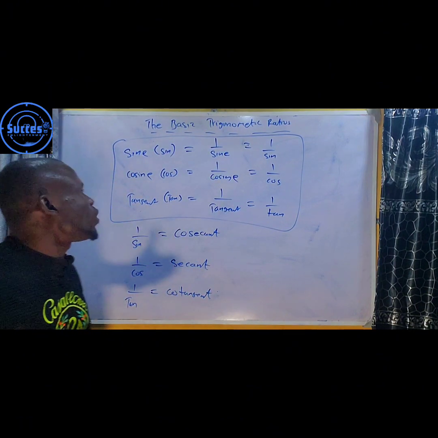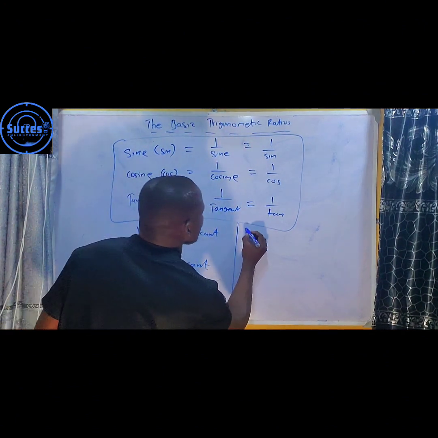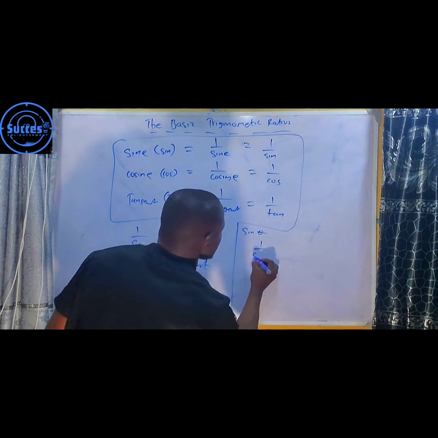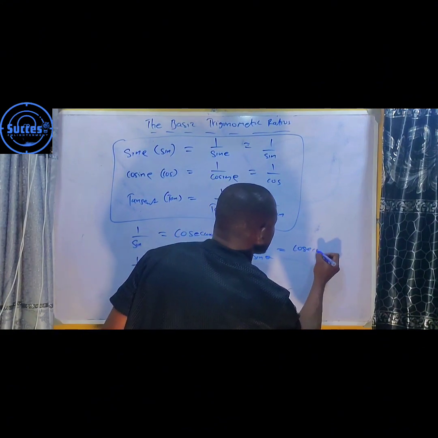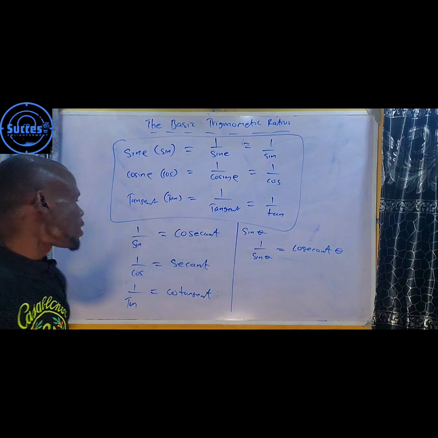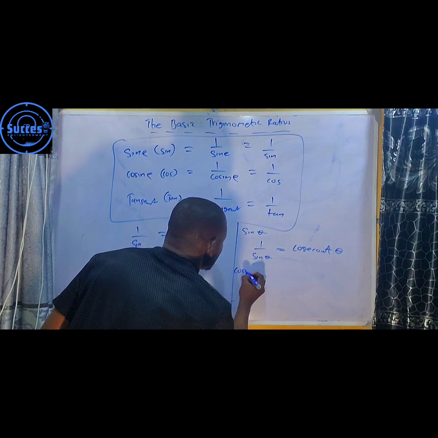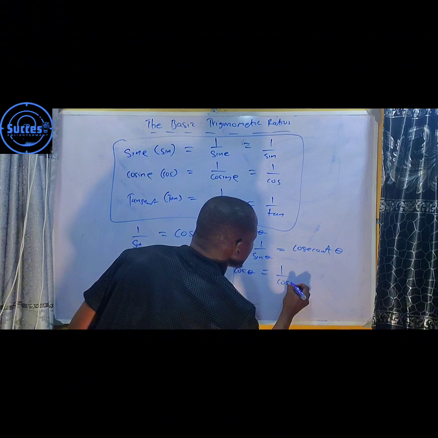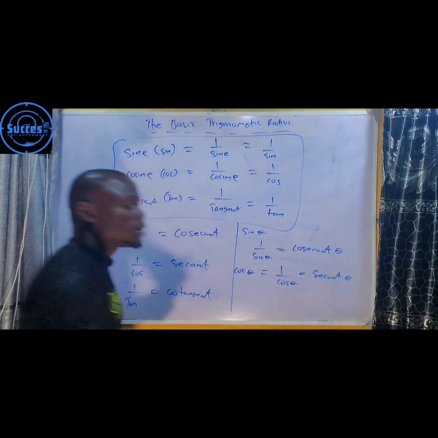So whenever they ask you what's the reciprocal of sine theta, it will be 1 over sine theta, which is the same as cosecant theta. Are you with me? If you are asked the reciprocal of cos theta, it is 1 over cos theta, which is the same as secant theta.